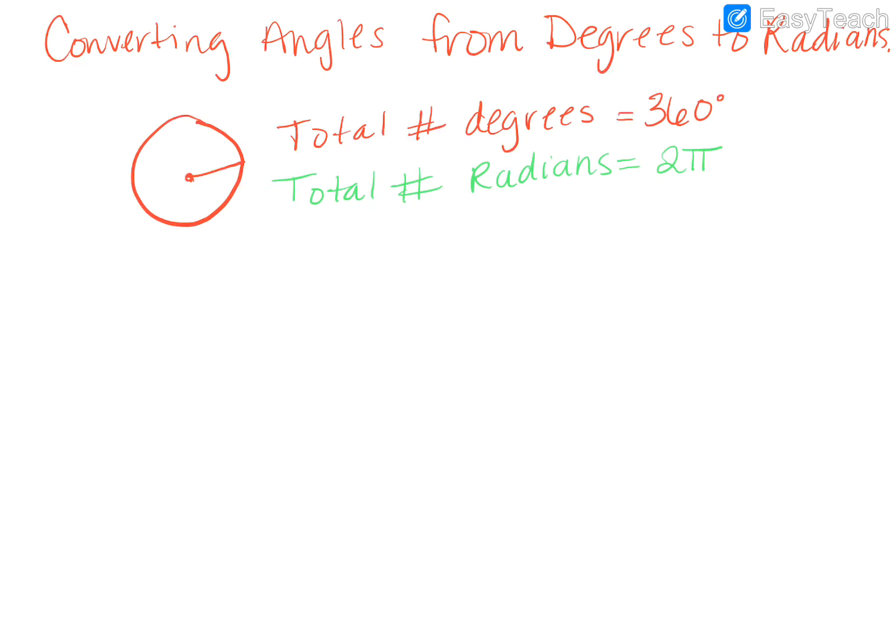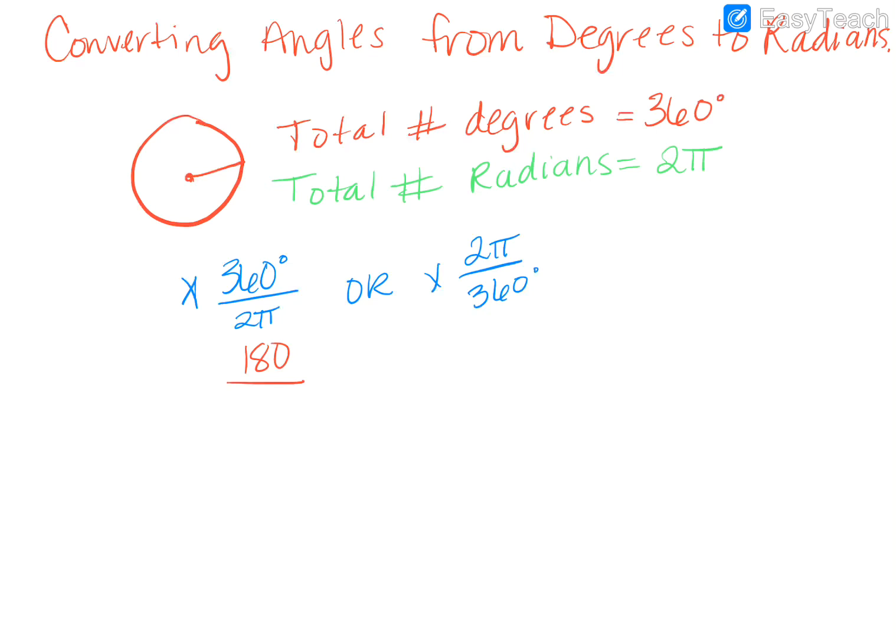To do that, you just multiply by 360 degrees over 2 pi, or 2 pi over 360 degrees, depending on what you want. And you can reduce these, and that's what we're going to do. We're going to reduce top and bottom by 2. And so that gives us 360 divided by 2 is 180.